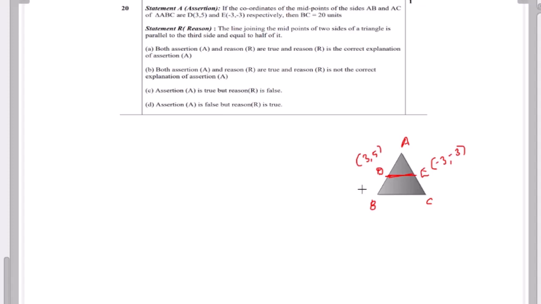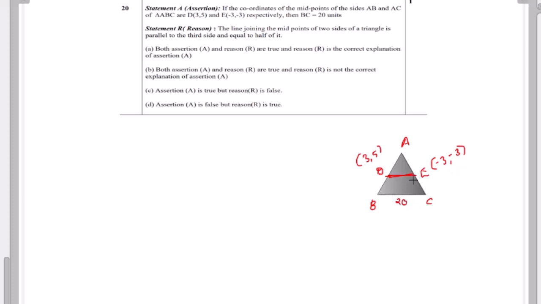Statement A: if the coordinates of the midpoints of the sides AB and AC of triangle ABC are D (3, 5) and E (-3, -3) respectively, then BC is equal to 20 units. We are given that the length of BC is 20, right?